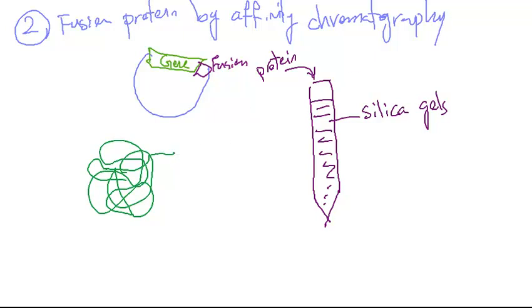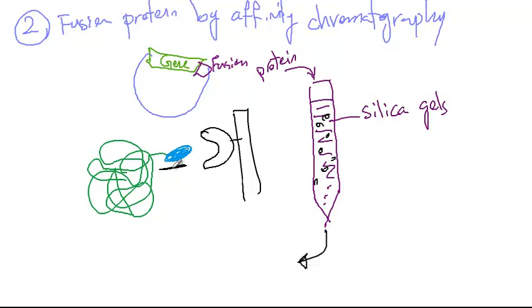These fusion proteins will bind to the silica gel right there. So here we have a silica gel in this column chromatography that will bind to the fusion protein. So once we load our protein, the ones that have the gene of interest will all be stuck in the silica gel, while the rest of the proteins that don't have this fusion signal will get excreted outside.